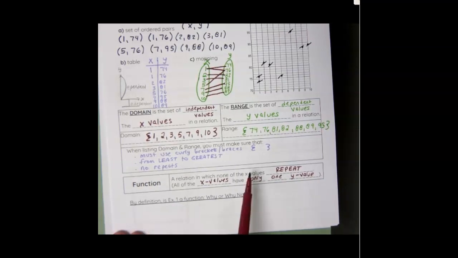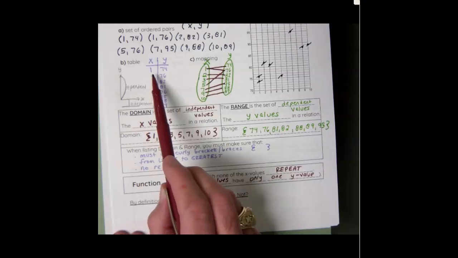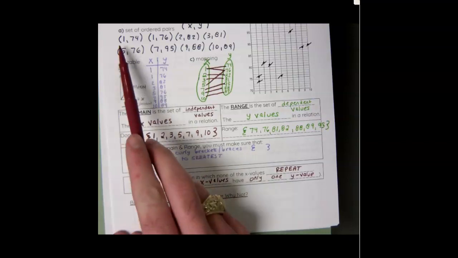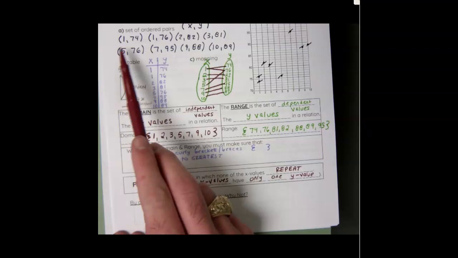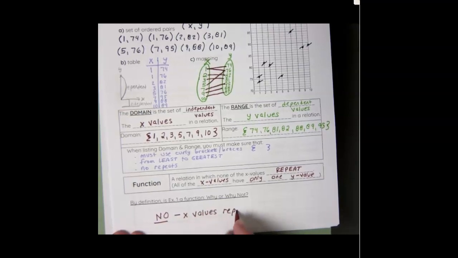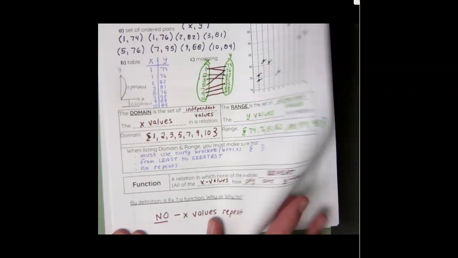Why or why not? Well, if you look at the table, we have x values repeating. Number 1 is repeating. Up here, we have x values repeating. So, a relation in which none of the x values repeat, that's a function. So that's not a function. Example 1 is not a function because x values repeat. Okay? So that is example 1.